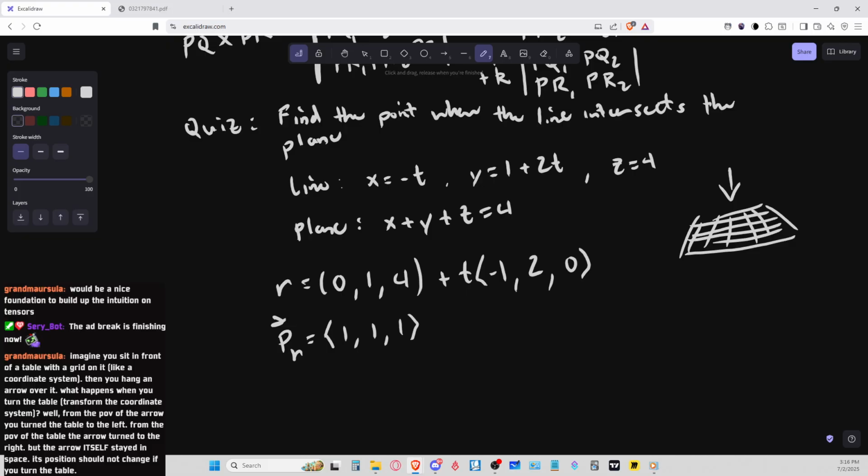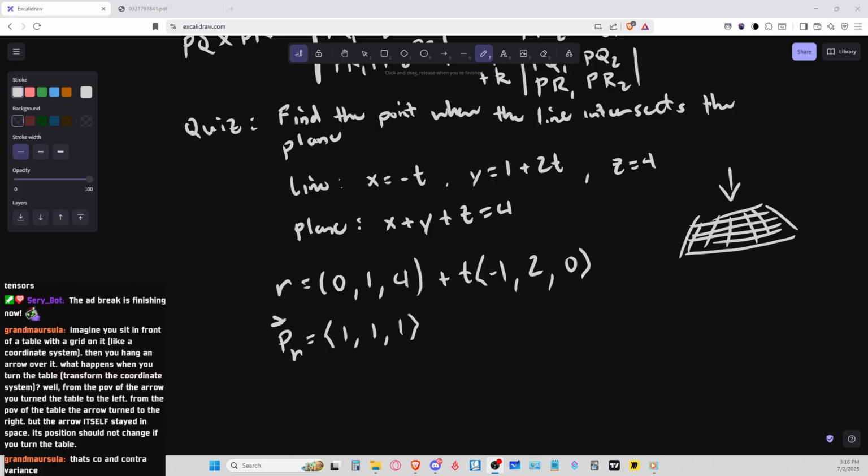If you turn the table to the left, from the point of view of the table, the arrow turns to the right. But the arrow itself stays in space. Its position should not change if you turn the table. Okay, so that's the perspective. That's co- and contravariant.